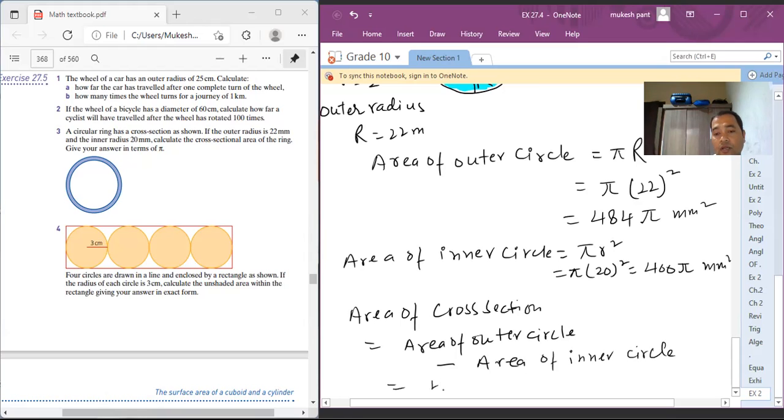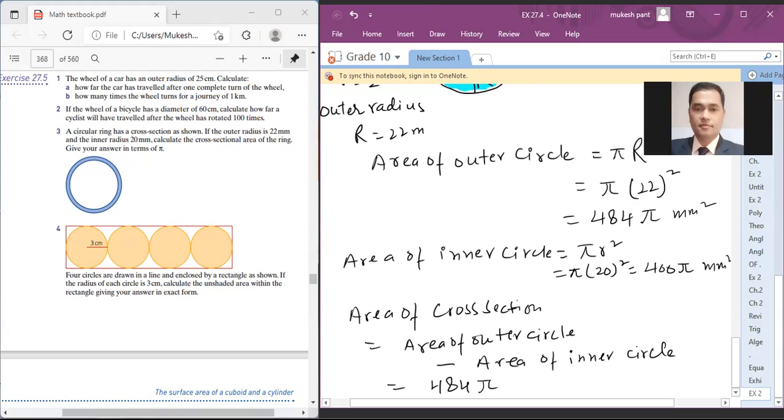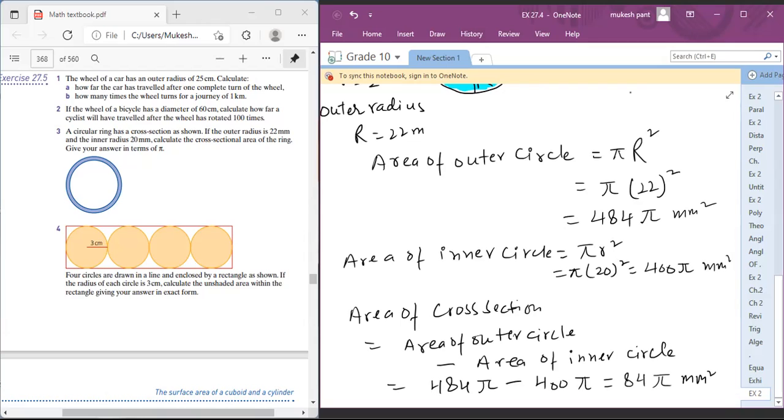So outer is 484 pi minus 400 pi. So this is 84 pi millimeter square. Correct? So note it down, please.